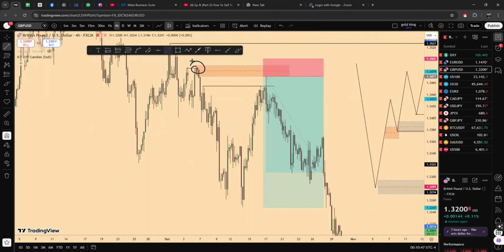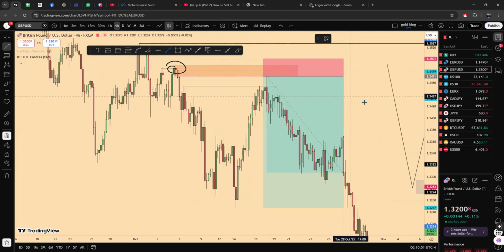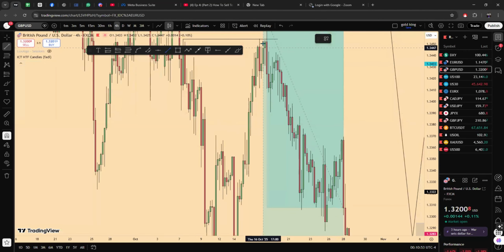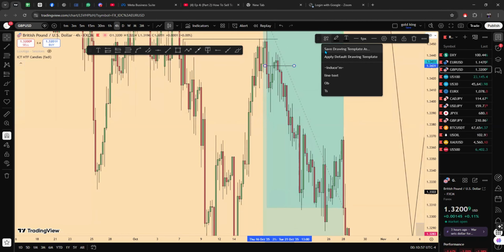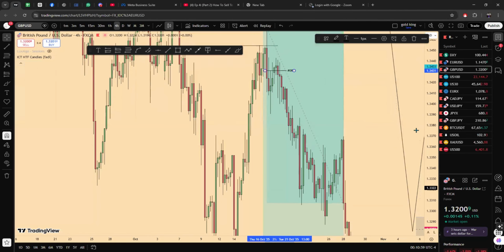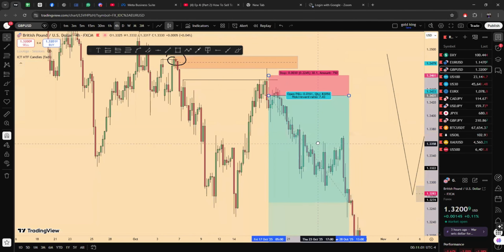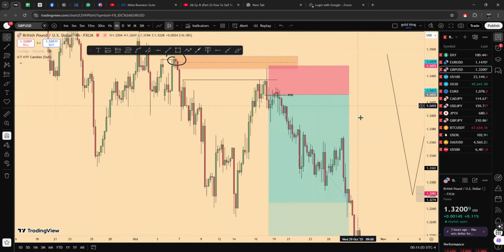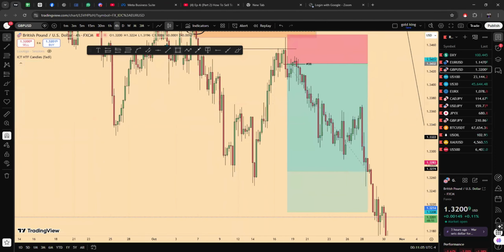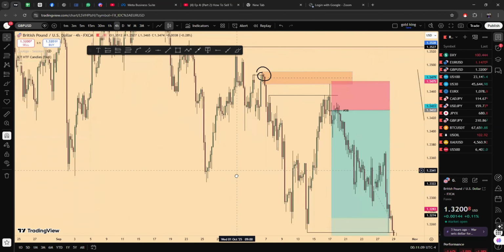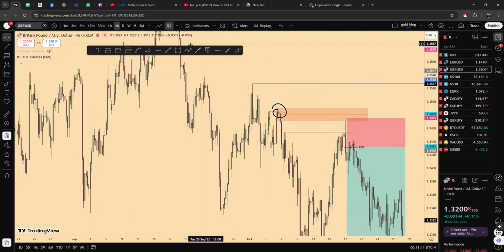Okay, and here maybe you were scared about the entry. You would have been looking for your model one. The last bullish candle that we have in this case, price closing below it validates a reliable order block that you can use, which in this case you might have chosen this one. All right, and then you target your sell stops here. Let's see, we have another point of interest here, which is this other block.